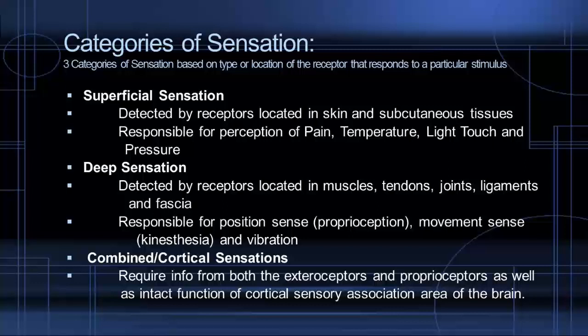So we get the information in from the periphery, and then in the cerebral cortex, we have to say, wow, what is that? Is it hot? Is it a light touch? Is it a pinprick? We have areas in our brain that associate those with identifying what the stimulus is. So it's much more complex than the superficial sensations.